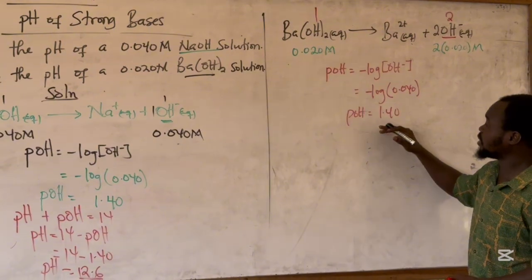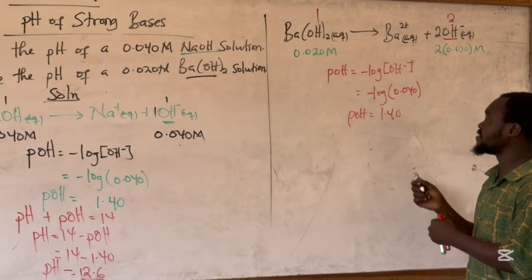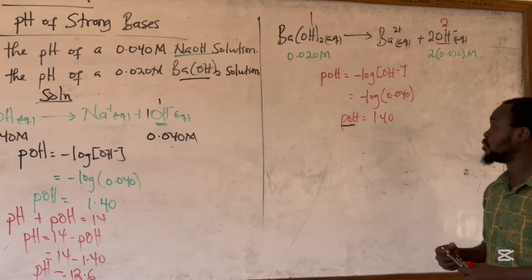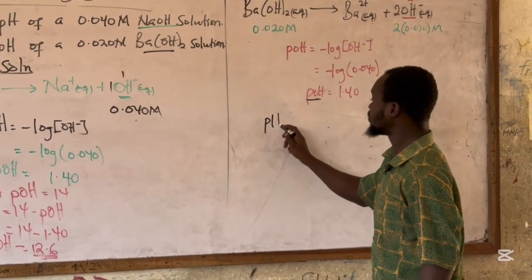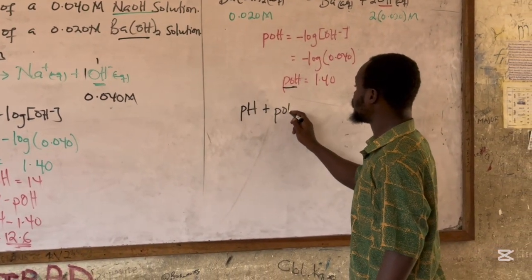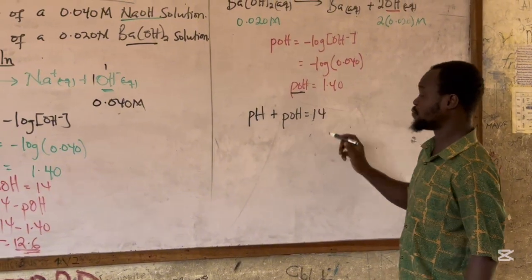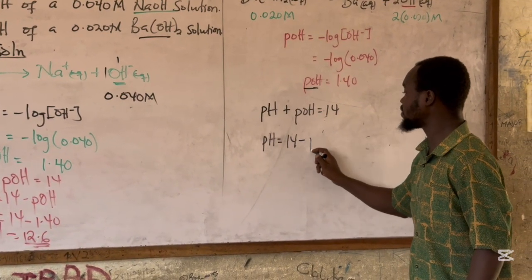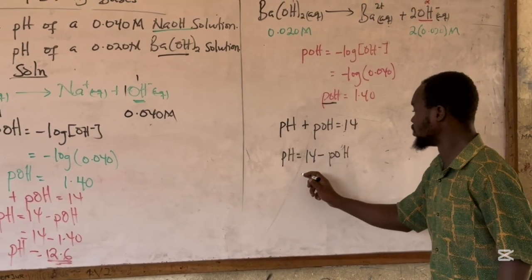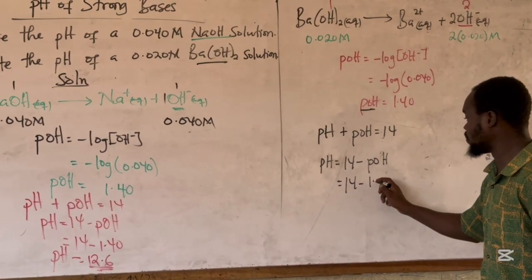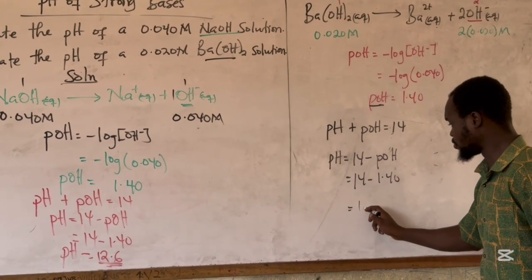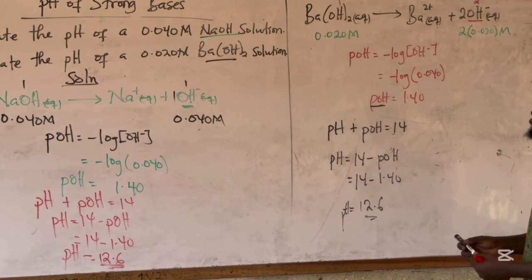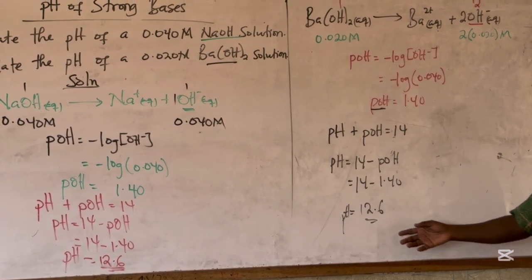So now that we have 1.40, this one represents the pOH of the solution. To get its pH, we use pH plus pOH is equal to 14. Therefore, pH is equal to 14 minus pOH. So our pH is equal to 14 minus 1.40, and that is equal to 12.6. So the pH of this basic solution is 12.6.